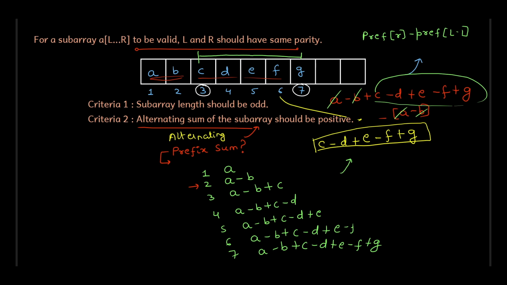But there is a catch, because right now you just started your subarray at this index 3. What if you had started it at index 4? Or what if you had started it at index 2, let's say? So let's consider that case.